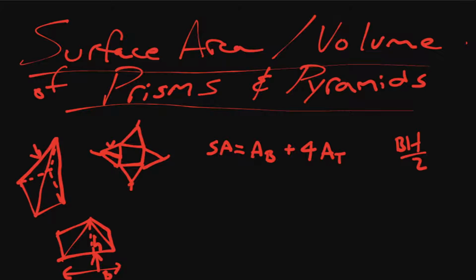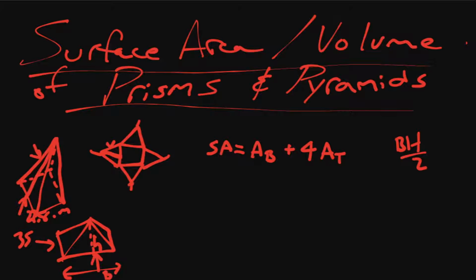Now for the square, let's say the middle length here, the height of the triangle, is given to be 27.8 meters, and I'm given a base of 35 meters.